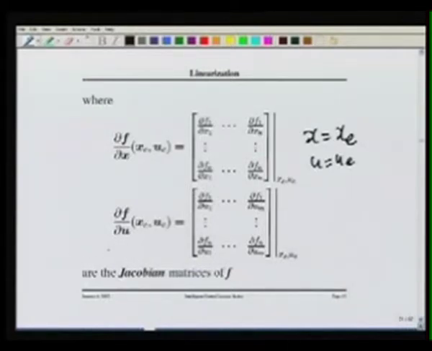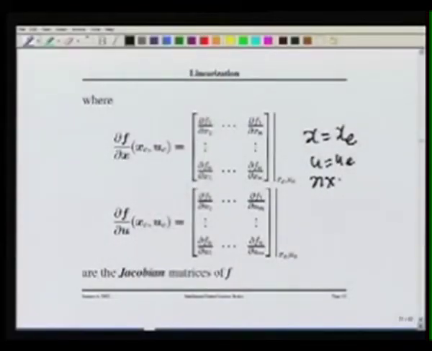Similarly, you can compute del f/del u, with a similar principle. Obviously, this is an n by n matrix, and this one has n rows and m columns, so an n by m matrix. Okay, these are all Jacobian matrices.